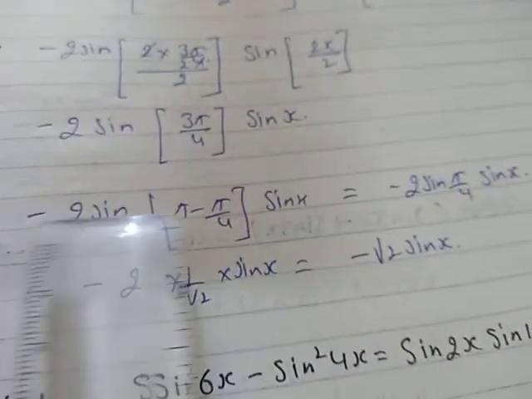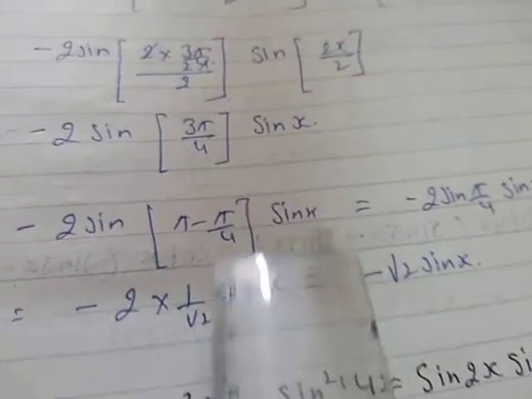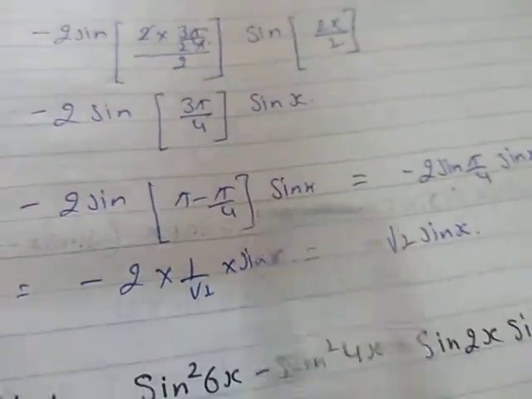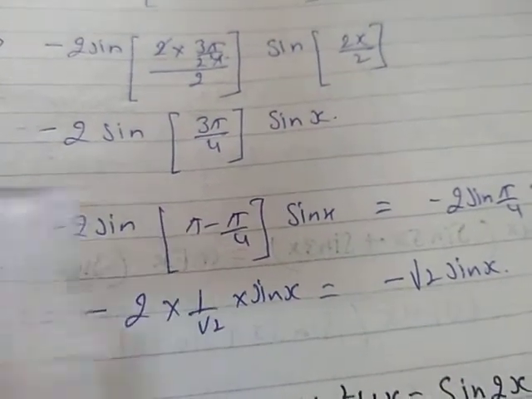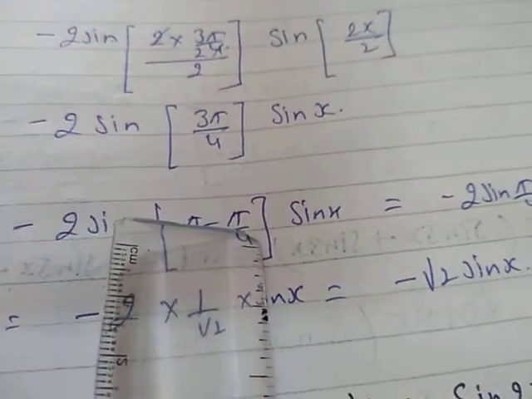That's why it is minus 2 sin(pi minus pi by 4) sin x. Since the angle is a multiple of pi, the function will be the same. That means the function is sin pi by 4.